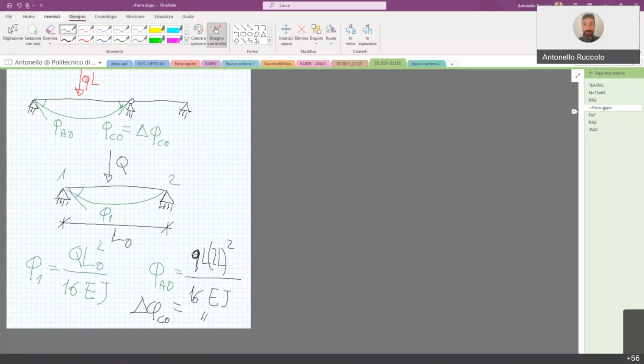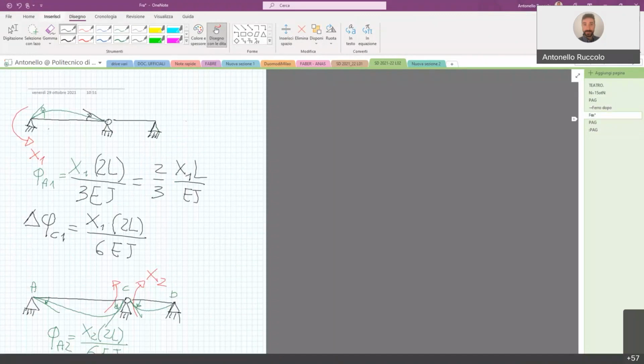We said we want positive rotations, the ones induced by a positive static unknown applied in the node C. So we are dealing with x2, and it means that we have a positive rotation on the right hand side in the node C, that is clockwise.